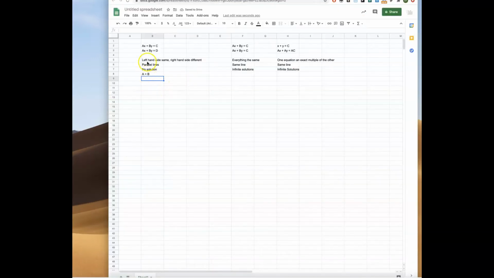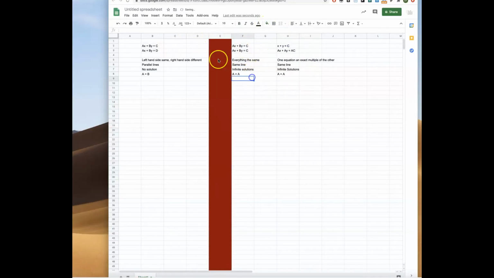That's no solution. That's parallel lines. So that's what we had right here. If you come out with two numbers that are the same, if you get like a equals a, that would be infinite solutions. That would be the same line. So we got these two different scenarios, and this is like the dividing line. These are two examples of infinite solutions, and this is an example of no solution. And that's the game. Do you have infinite solutions, or do you have none?